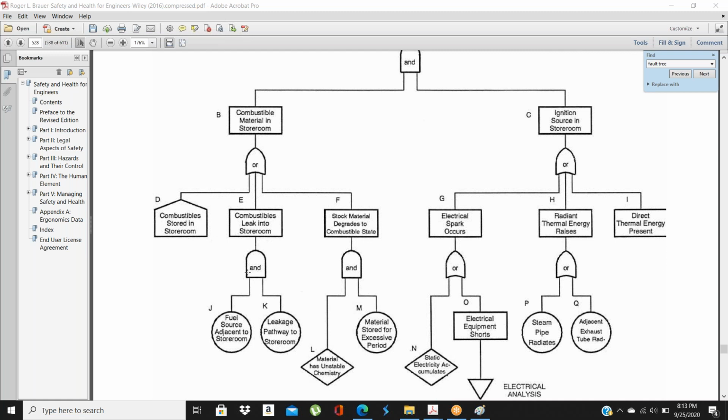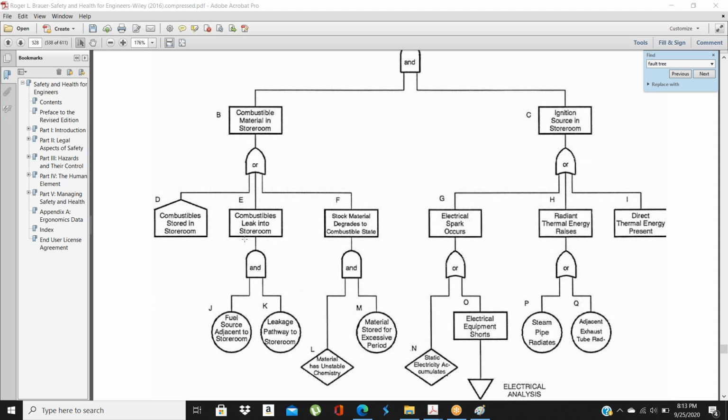For the combustible leaks, maybe the fuel source is adjacent to the storeroom, maybe a leakage pathway to the storeroom, maybe some other external leakage coming to the storeroom. So this is an AND gate. For the AND gate, we need to multiply the events. We multiply this, it gives the result here, and the result here is the same.